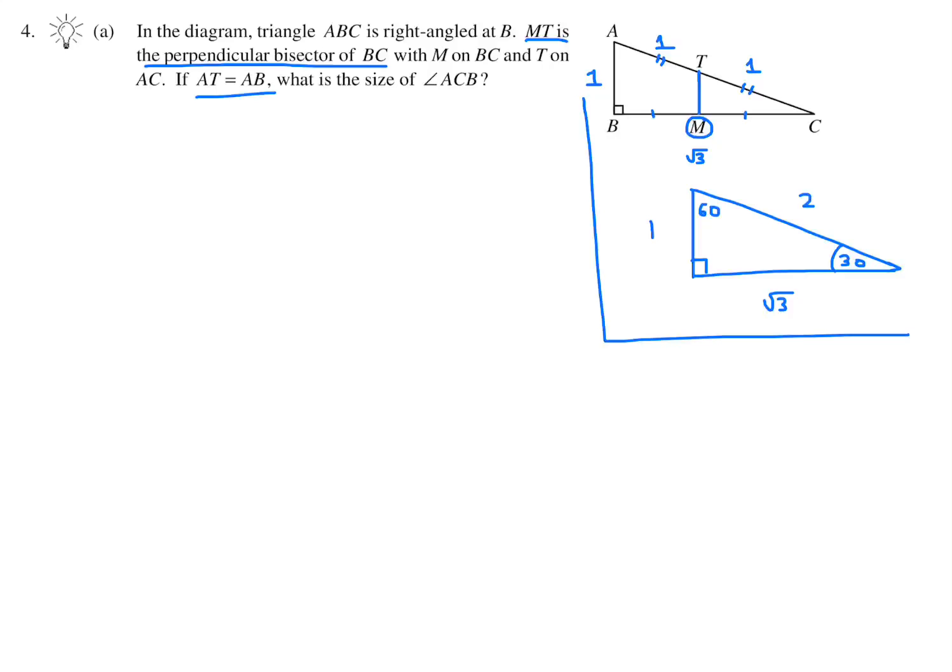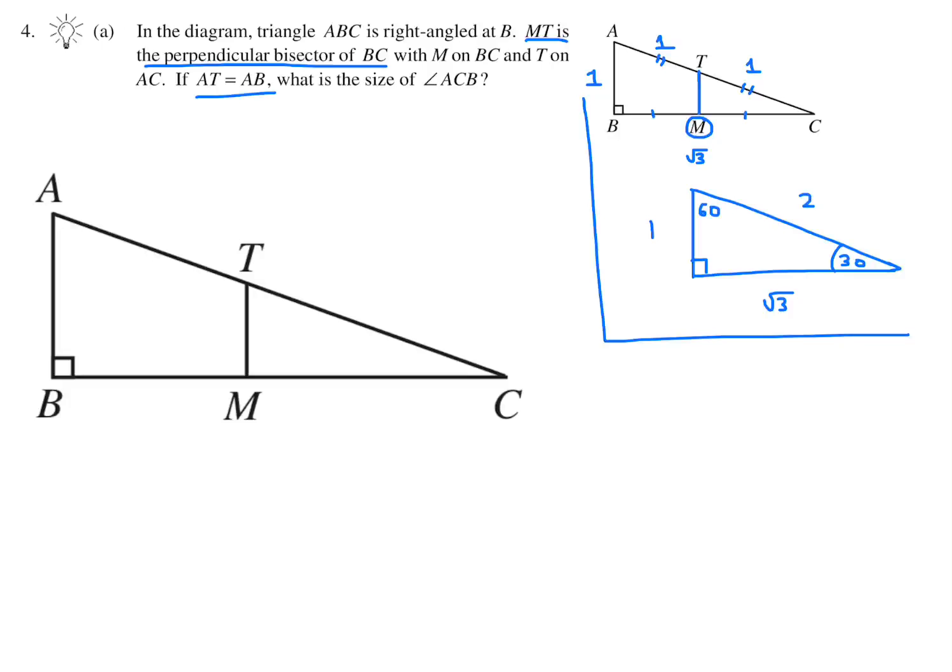Another way, which I think is worth doing, is through angles and comparisons. So let's start off by calling angle ACB the angle of interest. We'll call it theta. All right? And then we know for a fact, they tell us in the question, that TM, this line segment right there, cuts BC in half, correct?